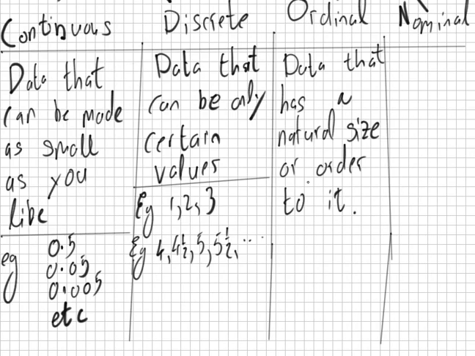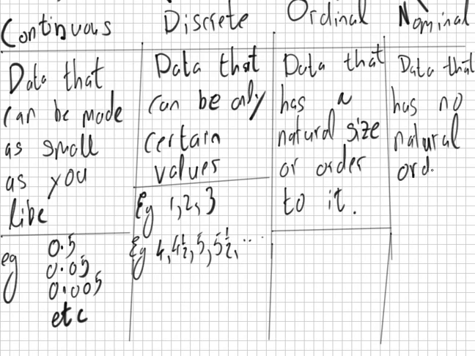And then the last one here, nominal, is data that has no natural order or size. So in other words, it's a name.